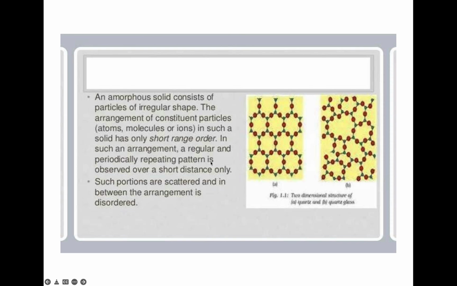In this kind of arrangement it is regular and periodically repeated, the same pattern is getting repeated, but it is seen over a very short distance only. These portions are scattered, and in between the arrangement will be disordered. This is a bigger one and this is a smaller one, scattered all over. Clear? All of you understood?